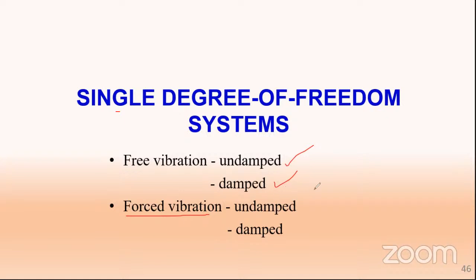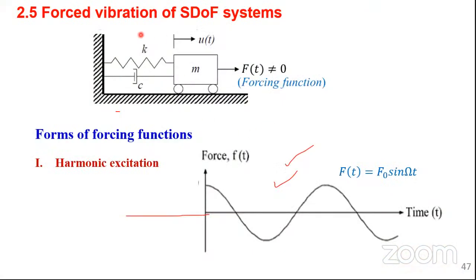That's why we are now moving to forced vibration. As you can see, we move to the next slide. Now we are introducing another part, because our equation of motion, as usual, is mass times acceleration plus damping times velocity, where we are talking of viscous damping, plus stiffness times displacement equals F(t).